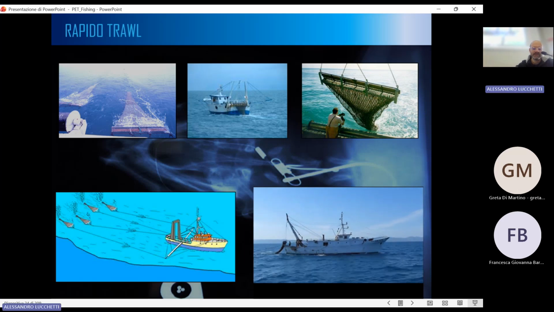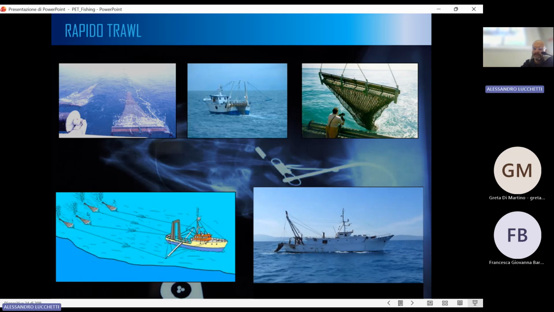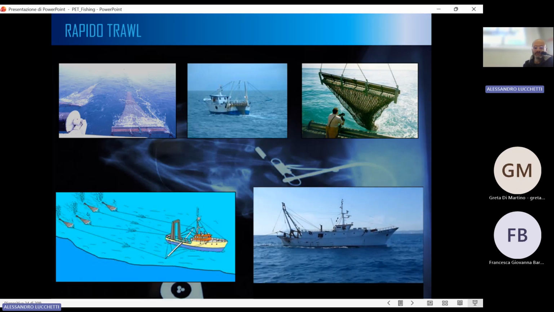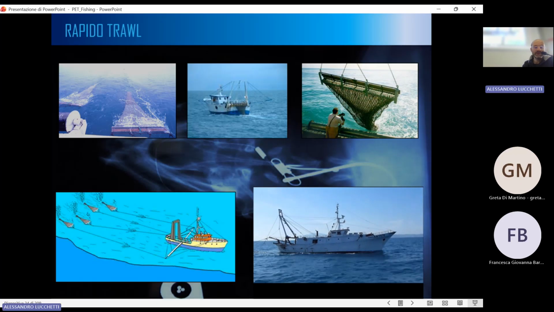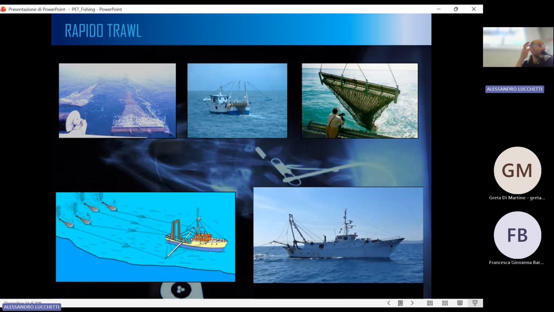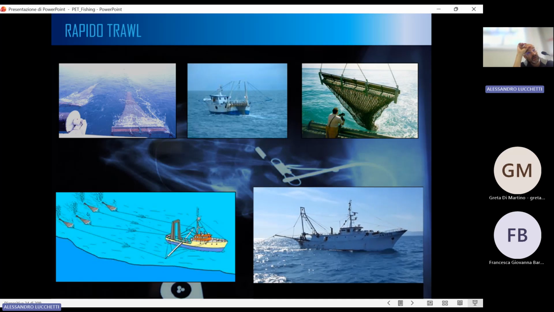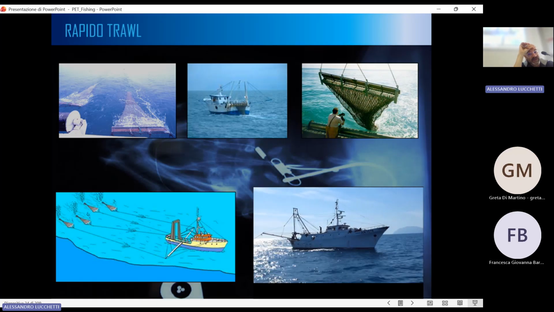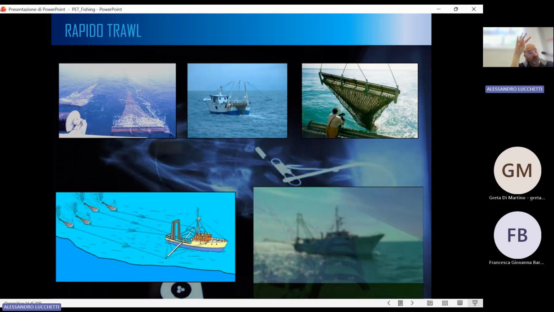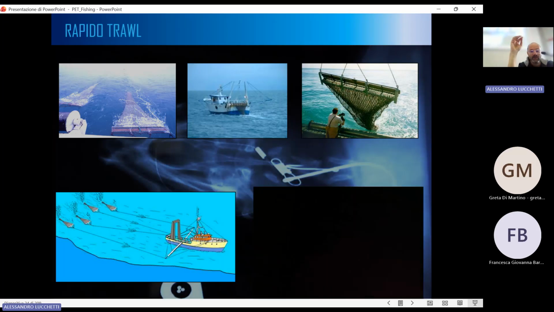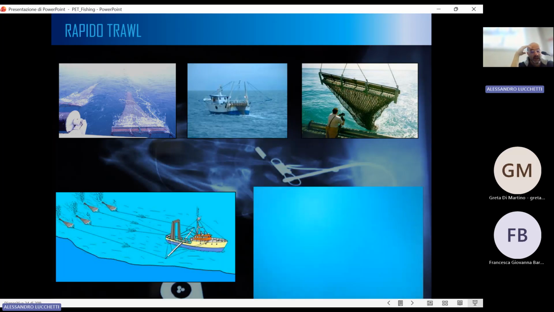Here the beam is a wooden table, and you can appreciate the speed here, about 7, 8 knots. You can guess exactly the swept area of this gear because you have 4 meters wide, 4 gears, and 8 knots of speed.